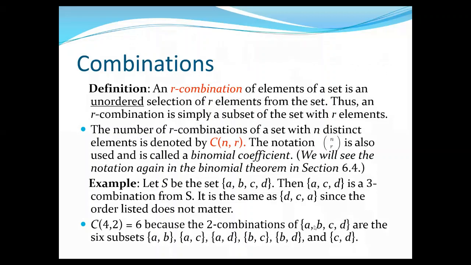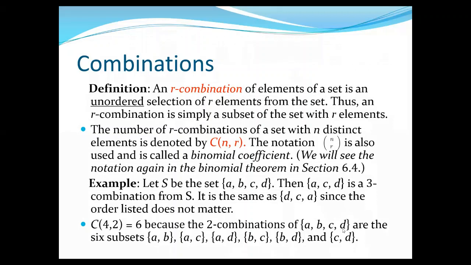Okay, so wala na tayong BA. So we have BC, BD. And for C, we have CD. CA is not part of the combination since we already have AC. CB, we already have BC, so that's why we didn't include CB.